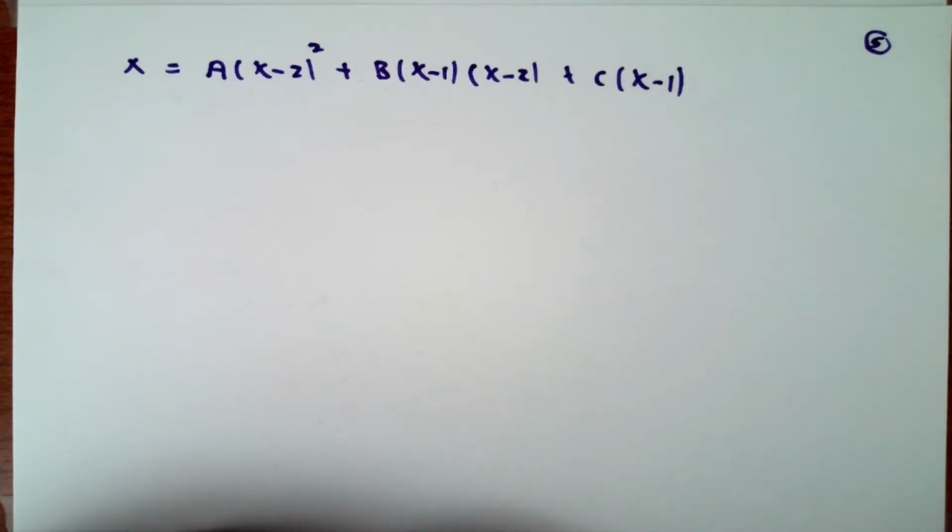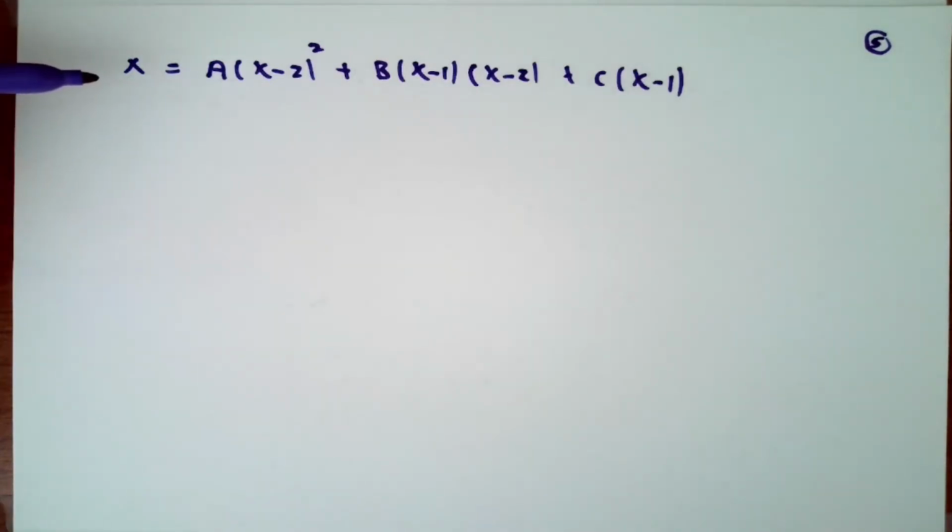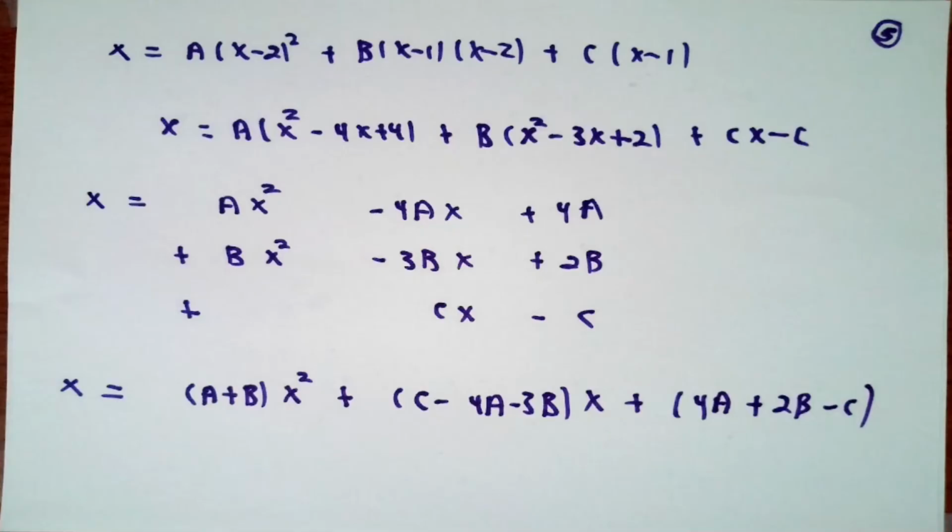I'm going to insist that the coefficient of the x squared piece be 0, the coefficient of the x bit be 1, and the coefficient of the constant term be 0. That's going to give me 3 equations involving the numbers a, b, and c.